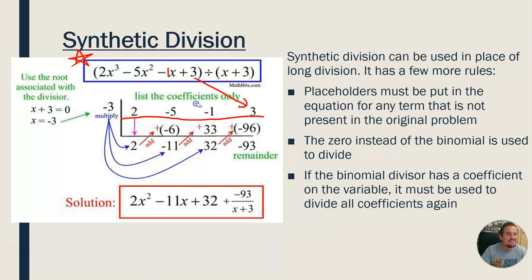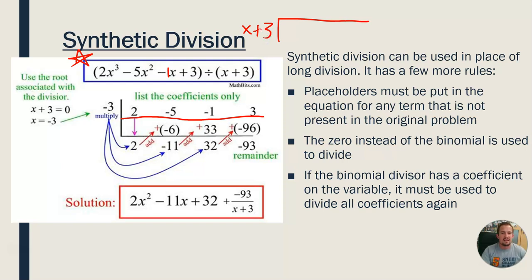So that's kind of the first couple differences with synthetic division. I draw this big L symbol, and I write just the coefficients without the x's in front of each of the terms at the top. So 2, negative 5, negative 1, and 3. The next big difference, out in front of my division bar, like if I was doing traditional division, I would write x plus 3.